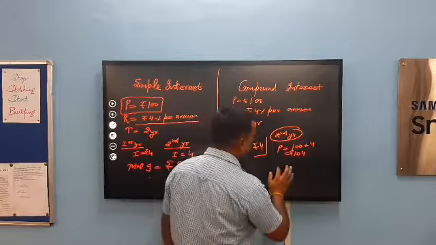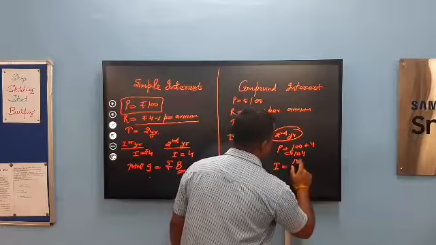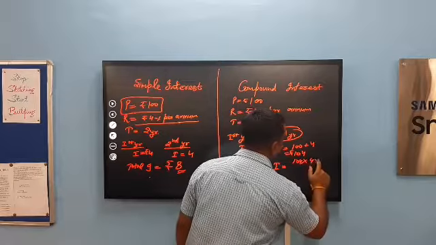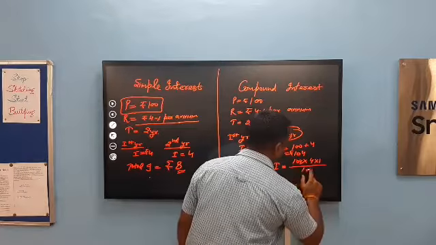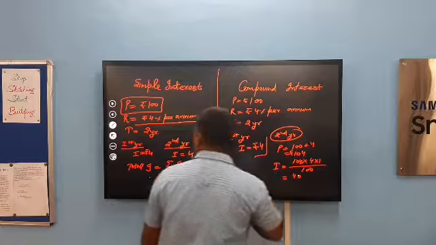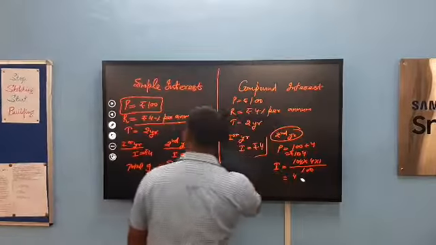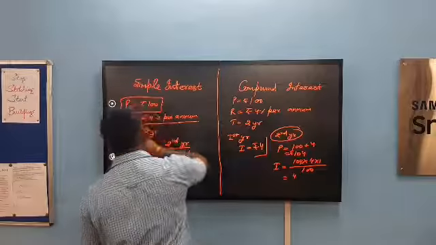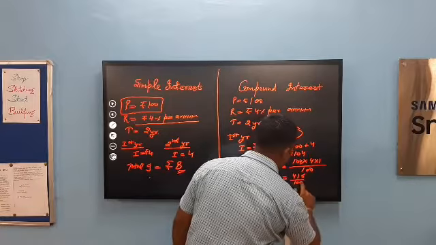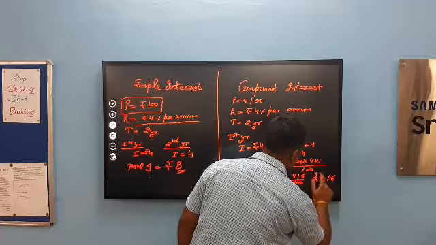So after calculating, interest is 104 principal into rate into time upon 100, that is rupees 4 and 16 paise.